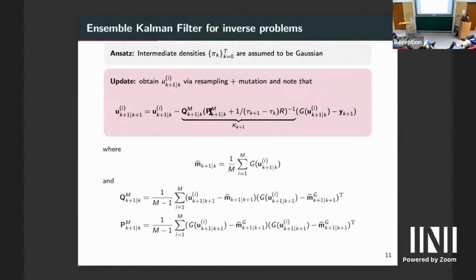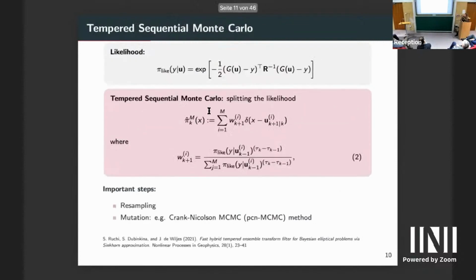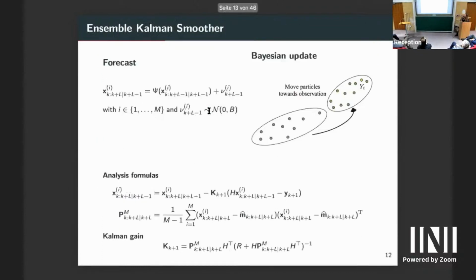And then this is actually a combination of the H and the covariance, which makes it look a little bit different from the typical Kalman gain, but that's exactly the Kalman gain you get. And so you can do the ensemble Kalman filter also for the inverse problem. And of course, this is much more stable if you have a high dimensional setting.